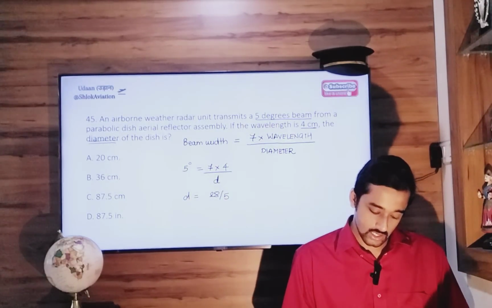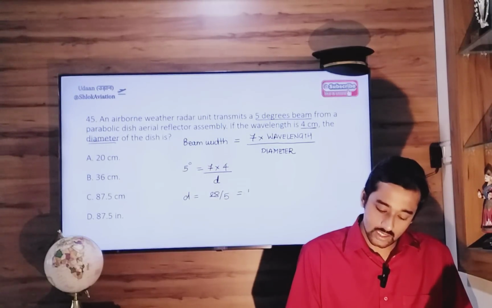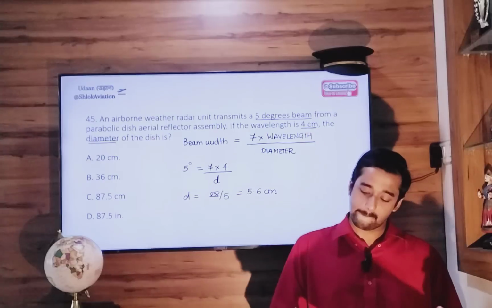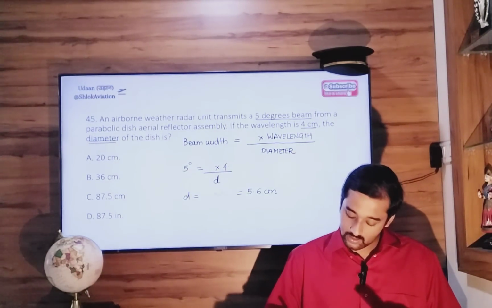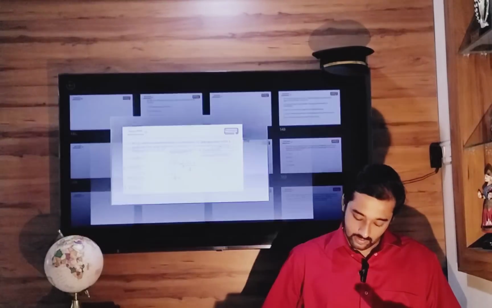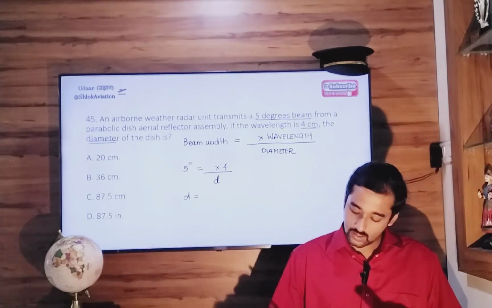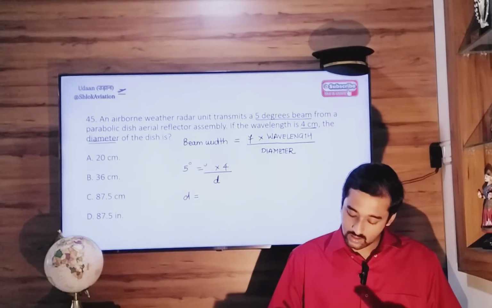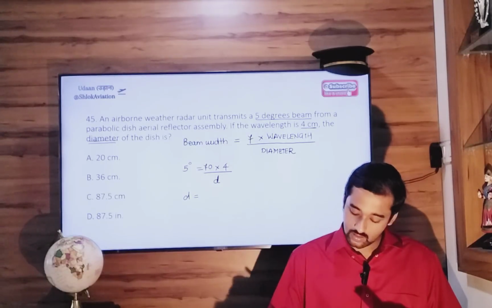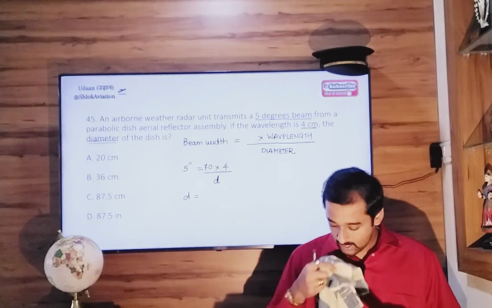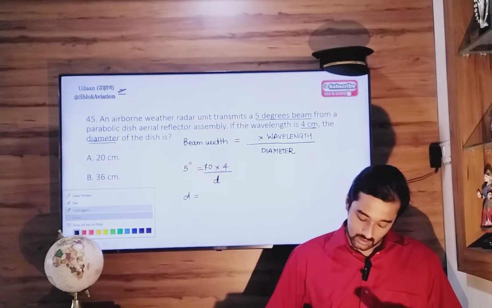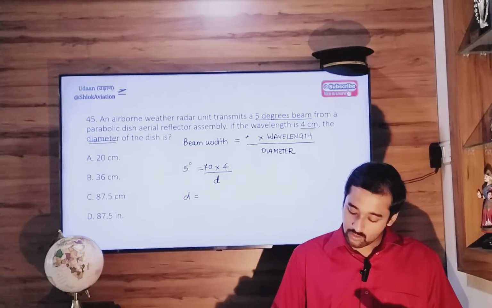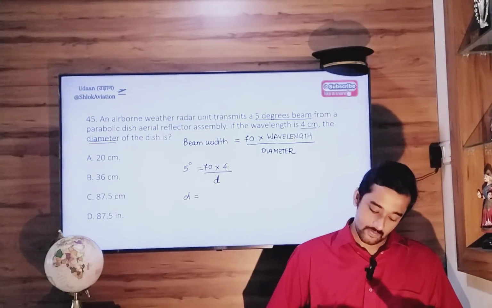which is 5.6 centimeter, not 7. 70 into wavelength. The formula is 70 into wavelength divided by diameter.